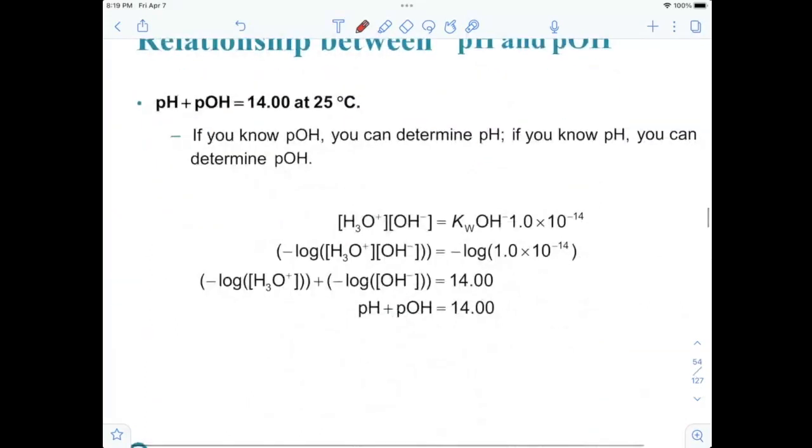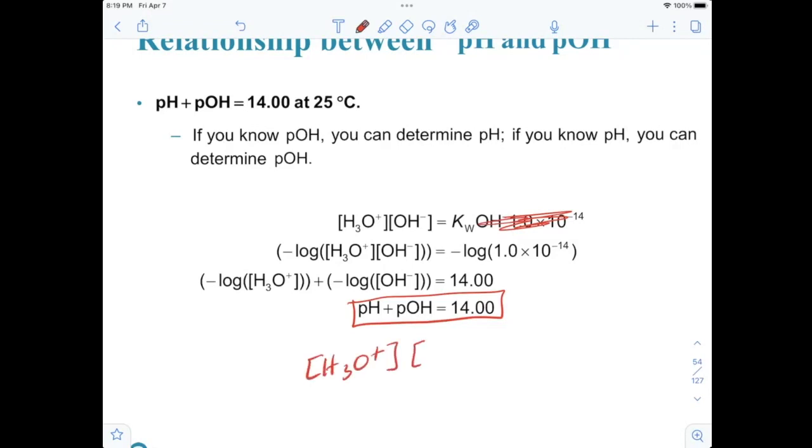I kind of already gave you guys this formula right here. As I mentioned before, this formula is birthed from the relationship between H3O plus and OH minus: when you multiply these two, you get Kw.